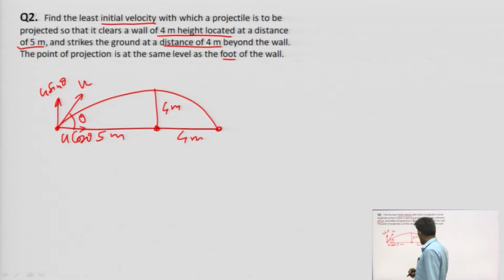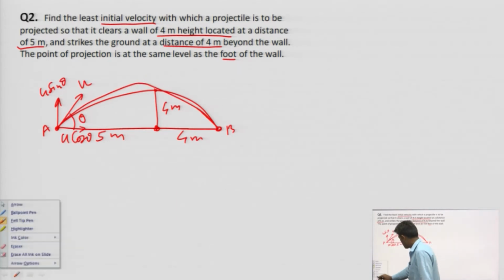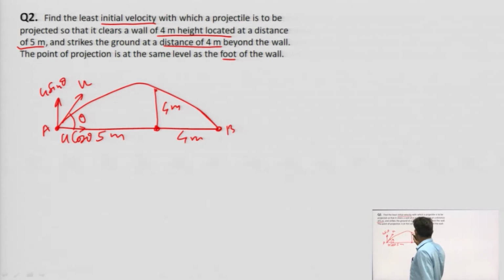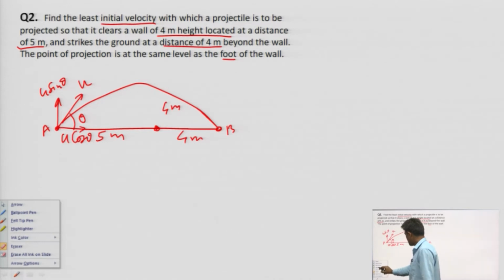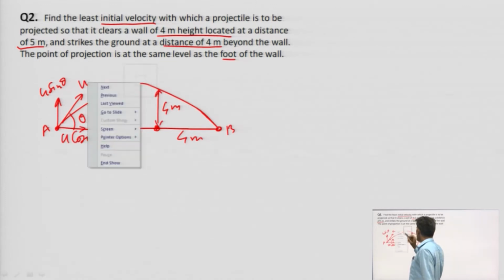If this point is A and this is B, this is the situation: the 4 meter wall is not at the maximum height.